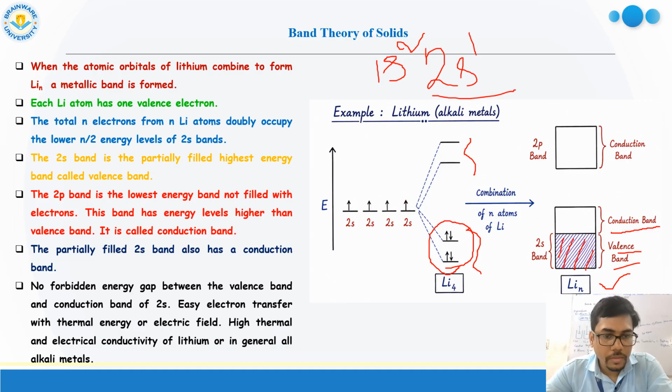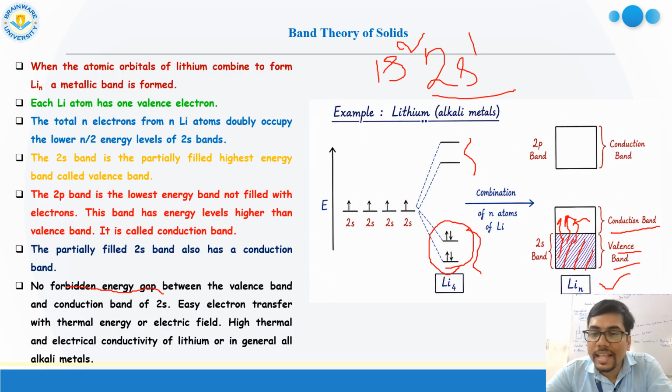Okay. Now the energy gap between the valence band and the conduction band is called the forbidden energy gap. But in this case, between the 2s and 2p orbitals, there is almost zero energy gap. So just by applying a very small amount of thermal or electrical energy, an electron can be promoted from the valence band to the conduction band very easily.